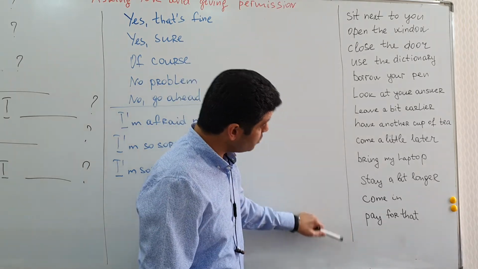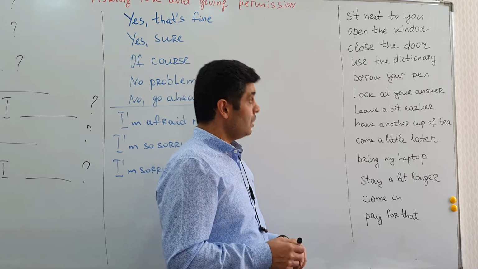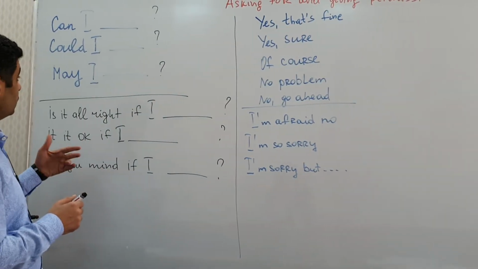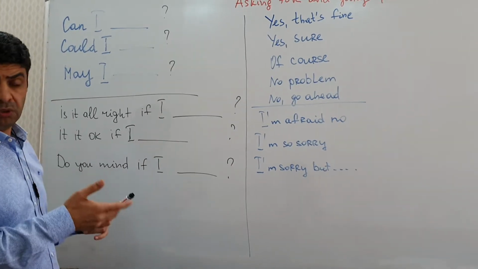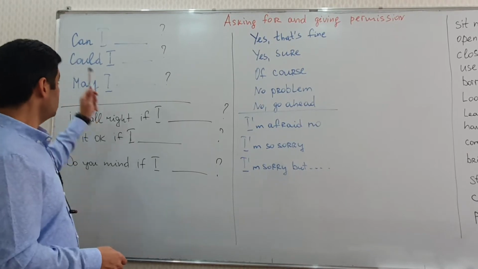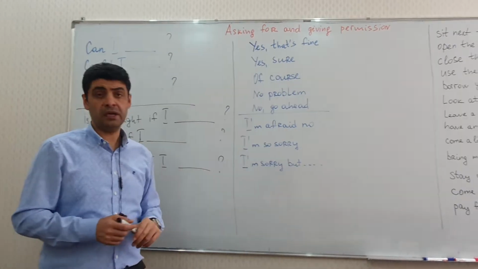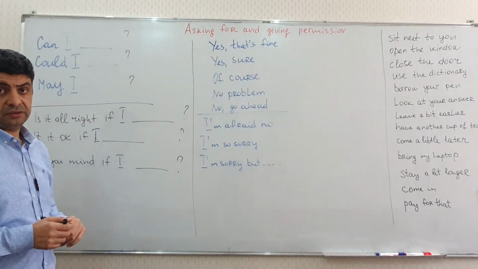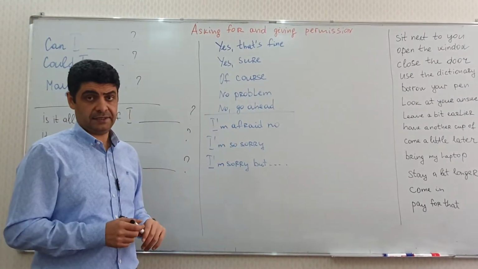So we are going just to use these combinations in the question of can I, could I, may I, when we want to ask for permission. Let's try several of them. So the first one, can I open the window? Can I sit next to you? Can I pay for that?